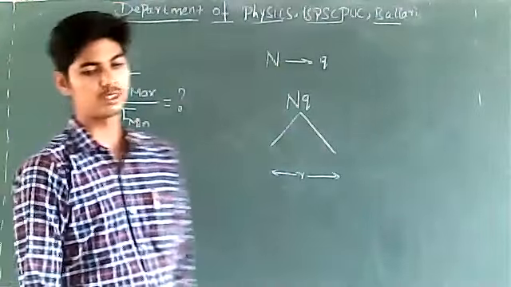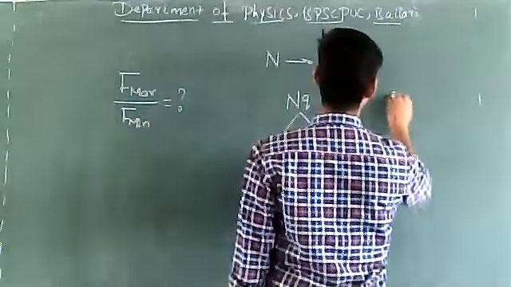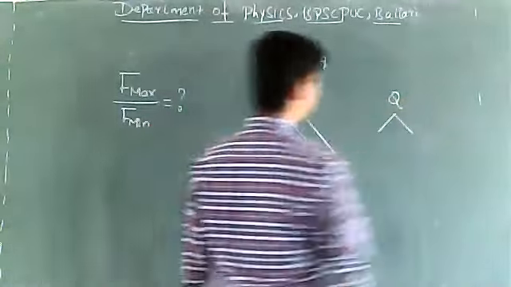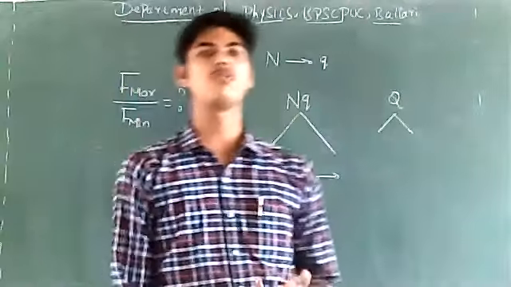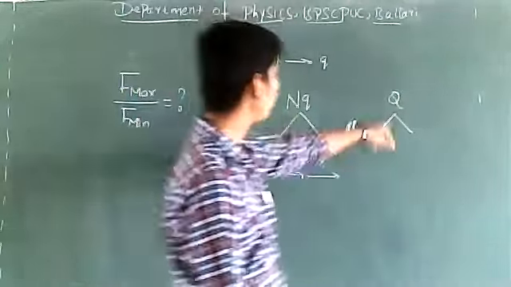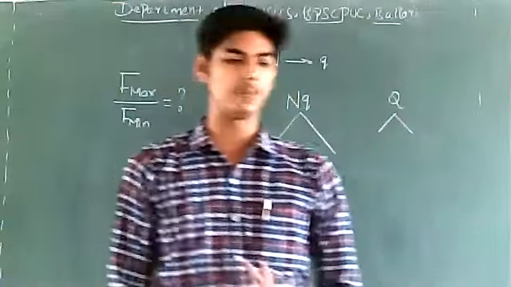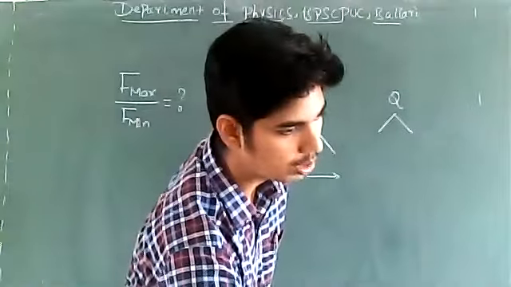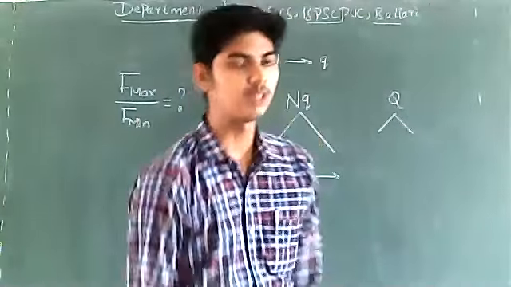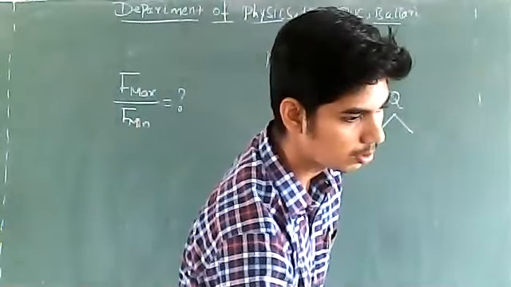While discussing the synopsis part, I told you how a charge Q is to be divided into 2 parts such that the force between those 2 parts becomes maximum. How do you divide a charge into 2 parts so that the force between them will become maximum?